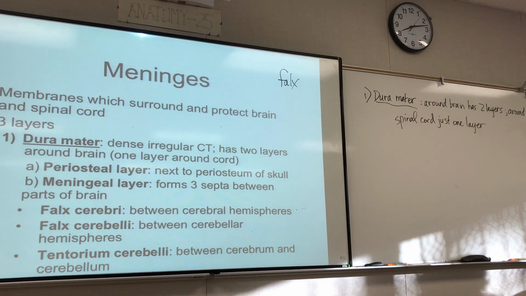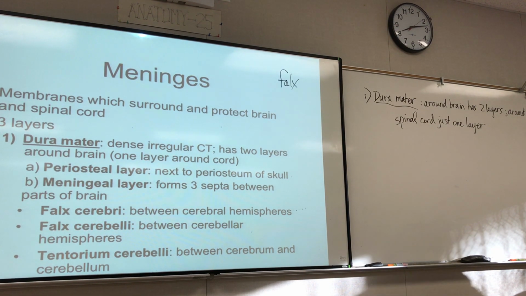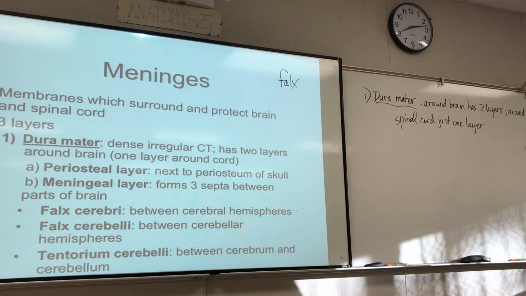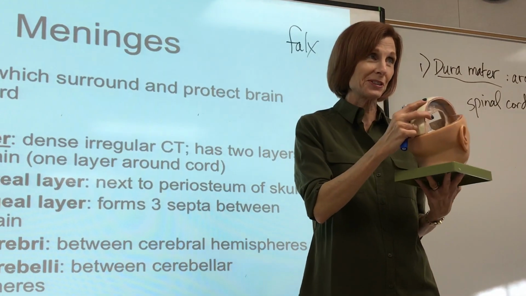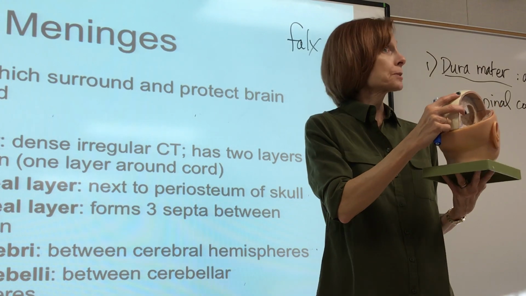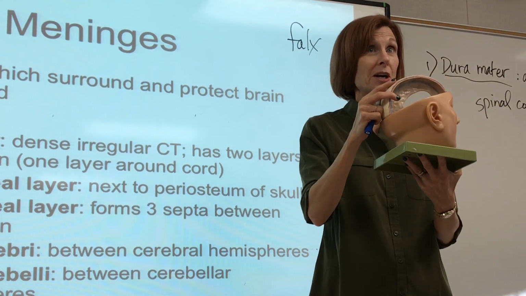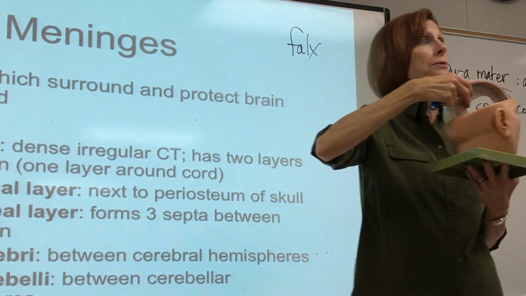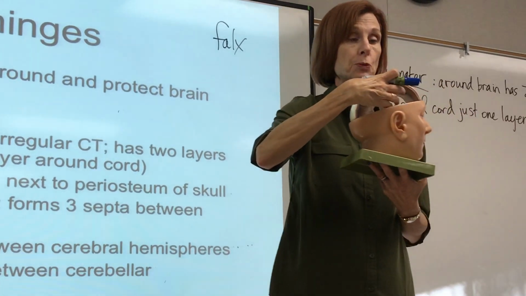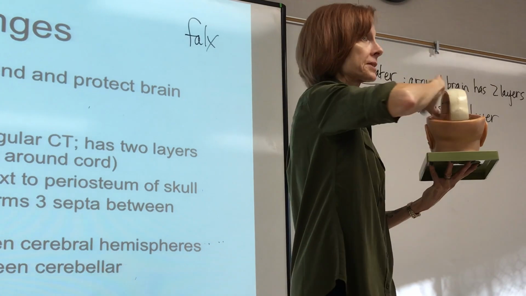So this is between the cerebral hemispheres. I just happen to have a model that shows it. So this is exactly what this model looks like. There is no brain for this model. This is the way it's supposed to be because this is supposed to show you the parts of the dura mater, and that's what this is. So you can kind of see how this would form a little shelf of tissue between the two cerebral hemispheres, right?